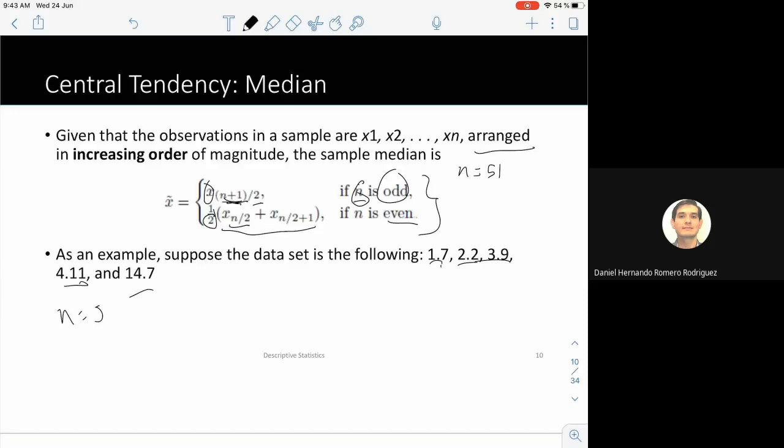Therefore, the median is going to be the observation located in the third position. And if you notice, please check that 50% of the observations are below. There are 2 observations below, and there are 2 observations above the median. So it splits the data set in 2 equal parts.